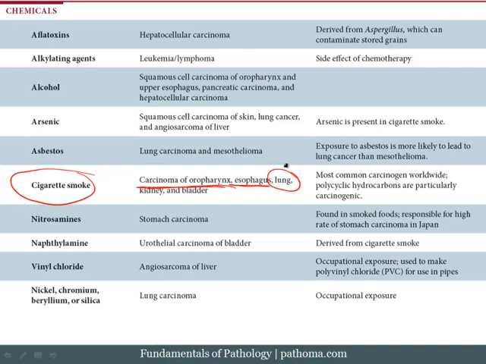We're all familiar with the fact that cigarette smoke is the leading risk factor for lung cancer. And important to know, as a derivative of that point, is that the most common carcinogen worldwide is cigarette smoke. One billion people worldwide smoke. That number still shocks me, but regardless, one billion people worldwide smoke.